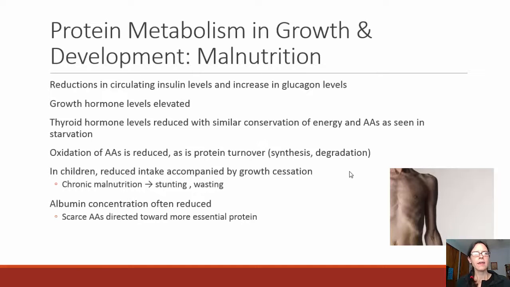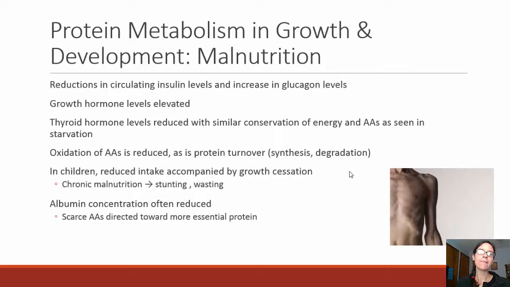Okay. Now, when individuals experience malnutrition, as we know, there's an increase in glucagon levels, and our growth hormones are elevated. So think about it, our body is saying, in times when a child is trying to grow, for instance, okay, we need to grow, we need to build proteins, we need muscle, and obviously you're not doing that, so I'm going to up my growth hormone.